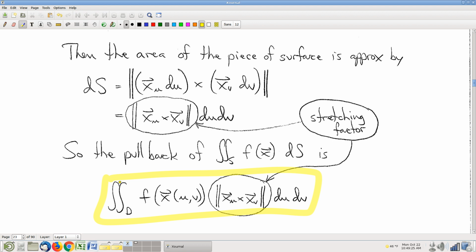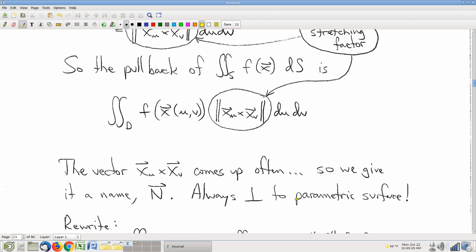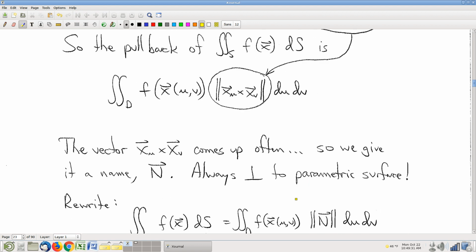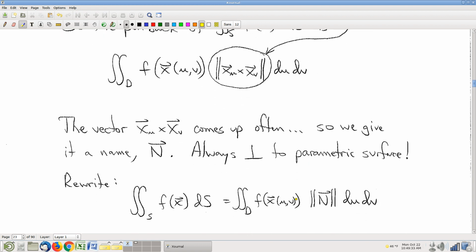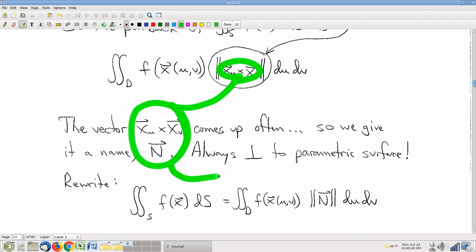Everybody good? Okay. Turns out, we'll see this happen as the course goes on, but this vector, the xu cross xv, this comes up all the time in ways that we can't really anticipate yet.